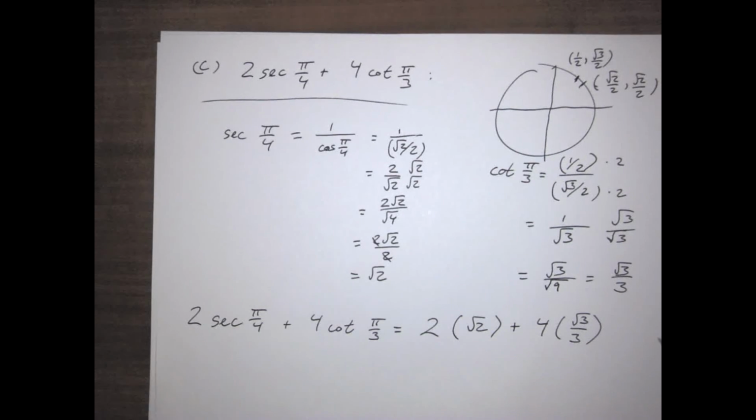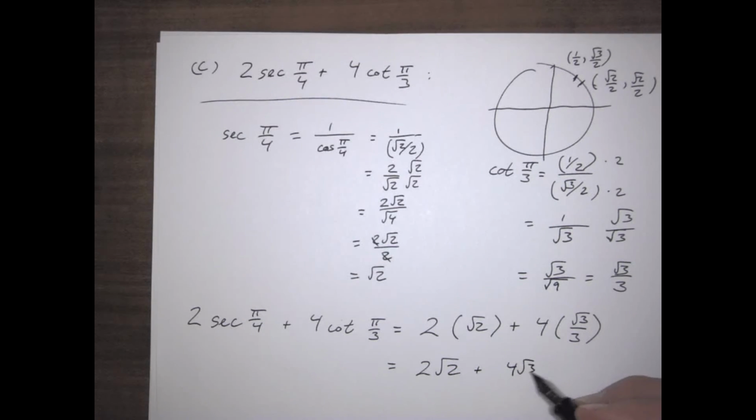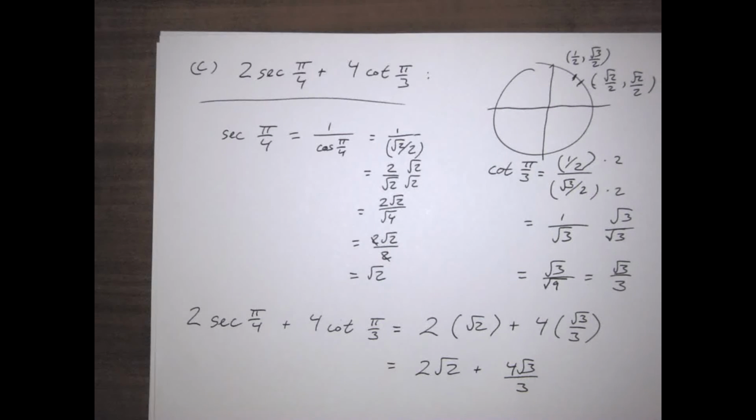Alright, so then if we want to try to combine those, 2 root 2, the way that would usually be written, 4 root 3 over 3, and there's not really much that we can do in the way of much more simplification on this, so we won't worry about it too much.